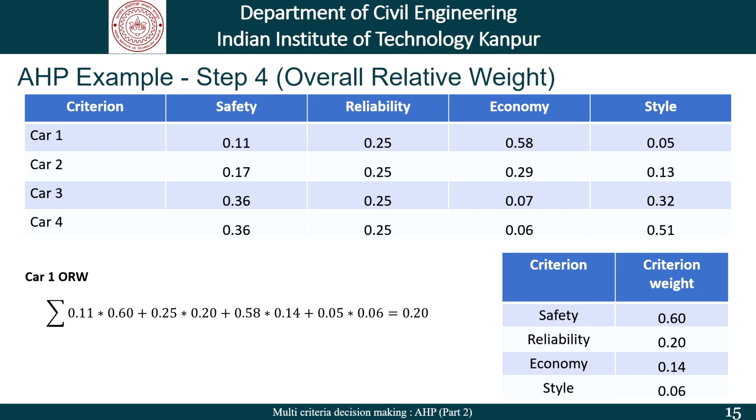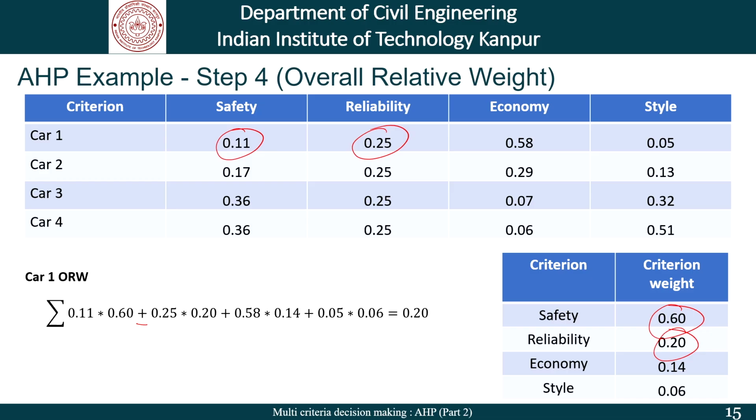For example, for car 1, the overall relative weight will be 0.11, that is the performance on safety, multiplied by the overall weight for the safety criteria, plus 0.25, that is the relative performance in terms of reliability, multiplied by the criteria weight for reliability.